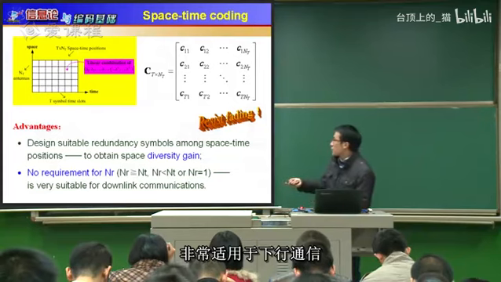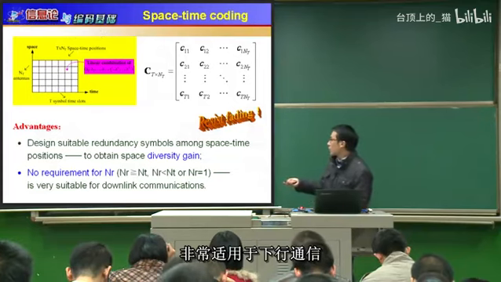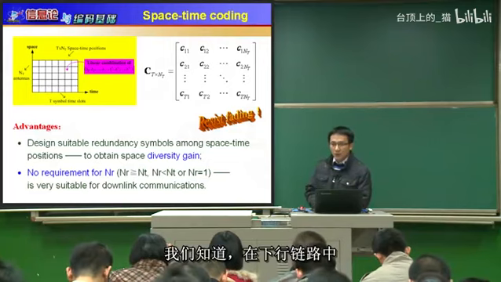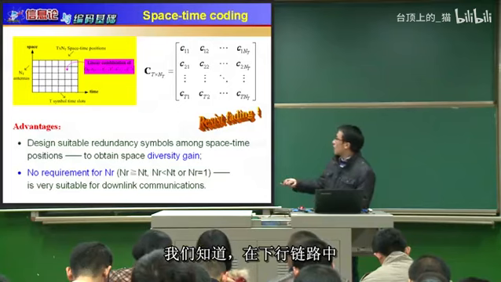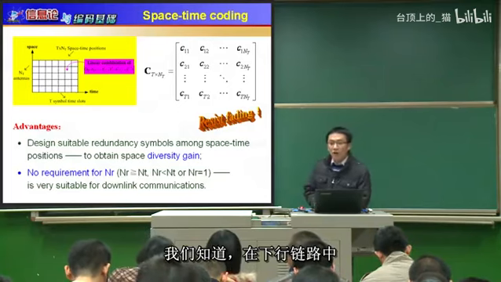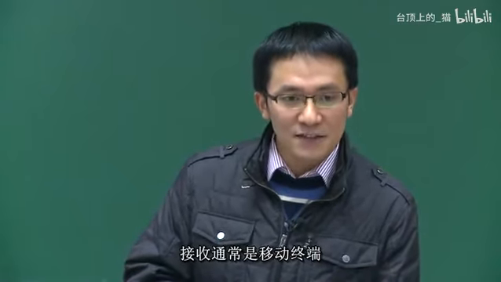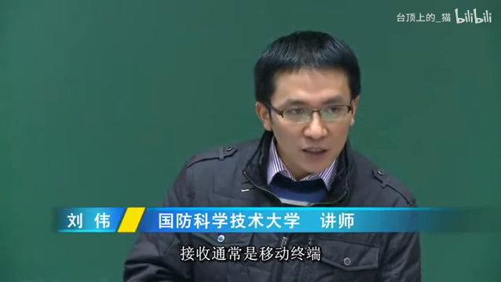So this is very suitable for downlink communications. You know, because for downlink communication, the receiver is usually the mobile terminal.